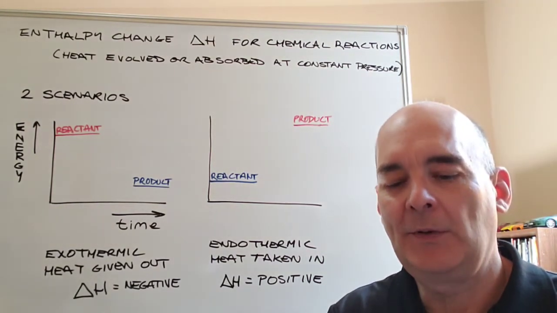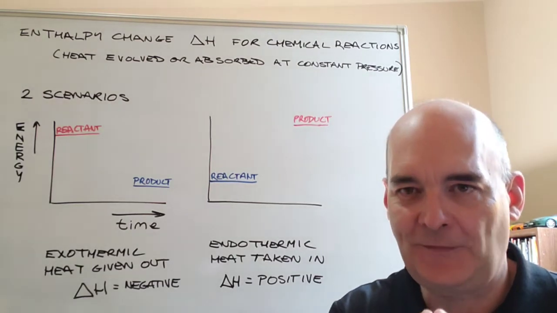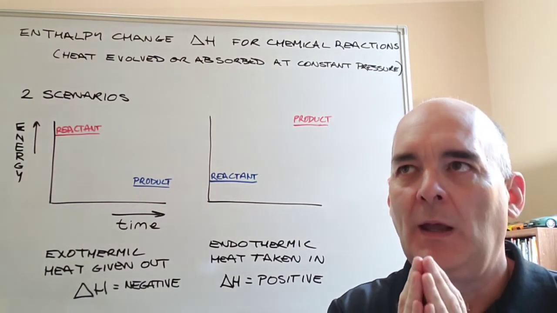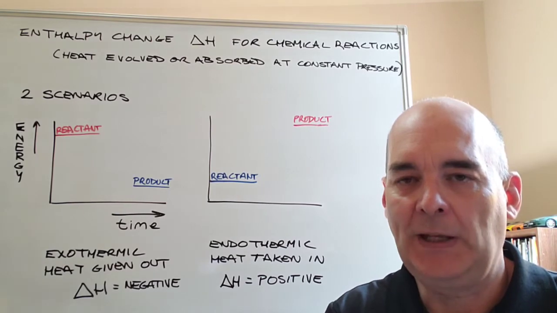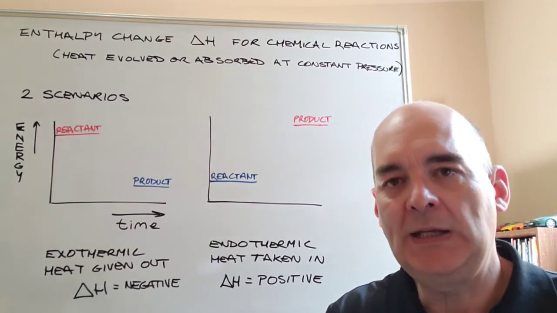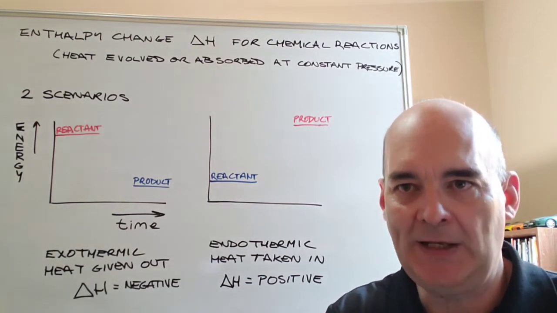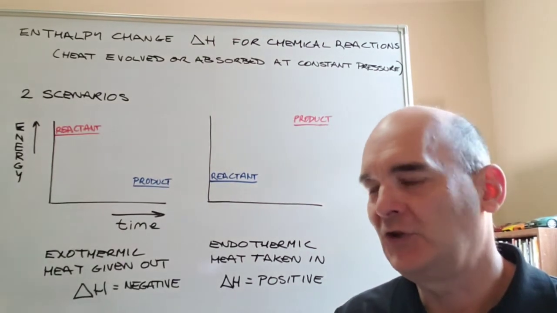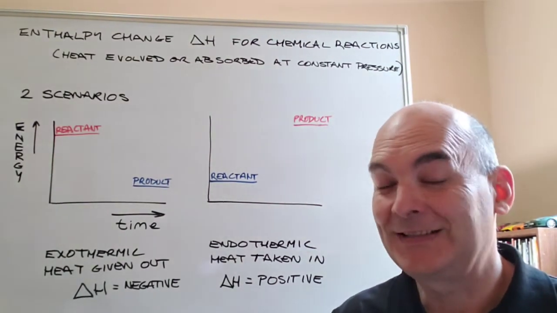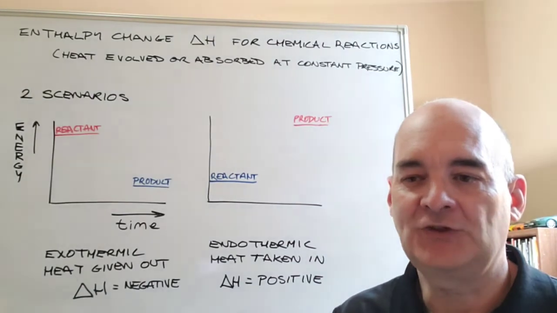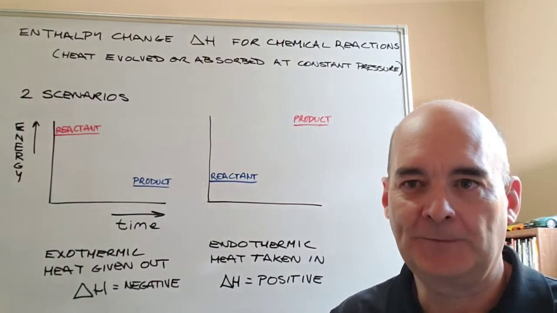So every time, except for the very first time when you read it in the textbook, when it's defined for you, every time it says enthalpy, what the book really means is enthalpy change. Enthalpy is the German word for heat, specifically a heat exchange at constant pressure.